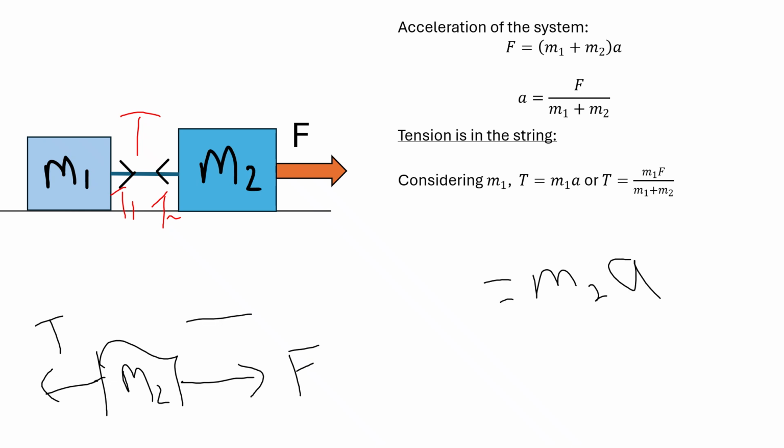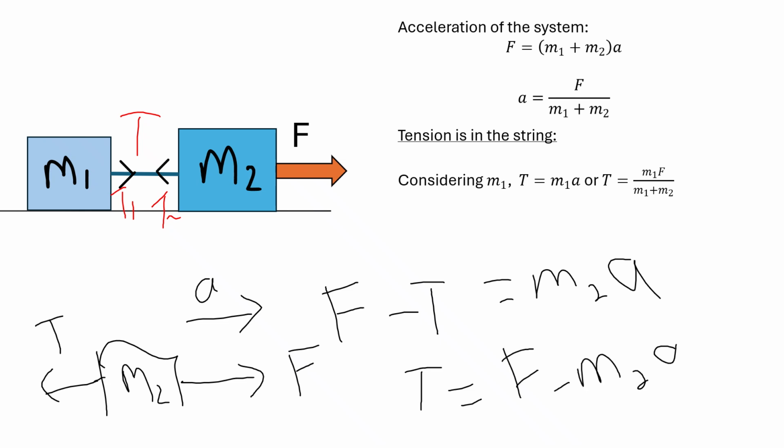But since it accelerates in this direction, it means the force wins. So F minus T will be equal to M2A. This is the net force. So to get the tension using the mass M2, it will be F minus M2A when we make T the subject. But we already know that F is equal to M1 plus M2, all multiplying A. So M1A plus M2A, then minus M2A. So you still get M1A. So that's one simple way of getting the tension.